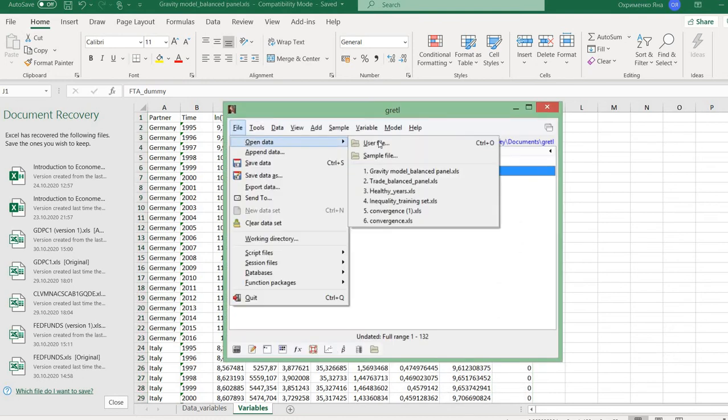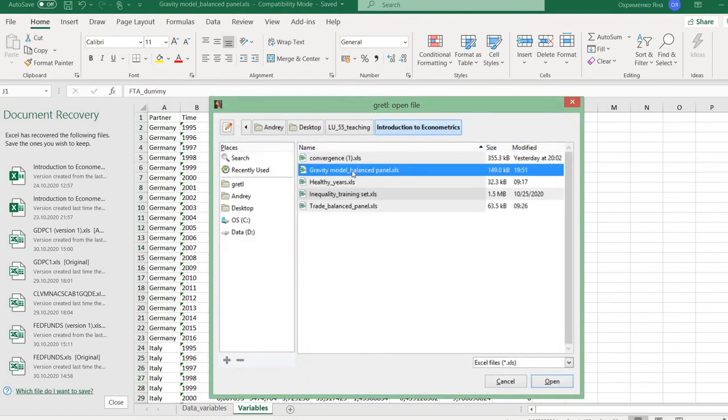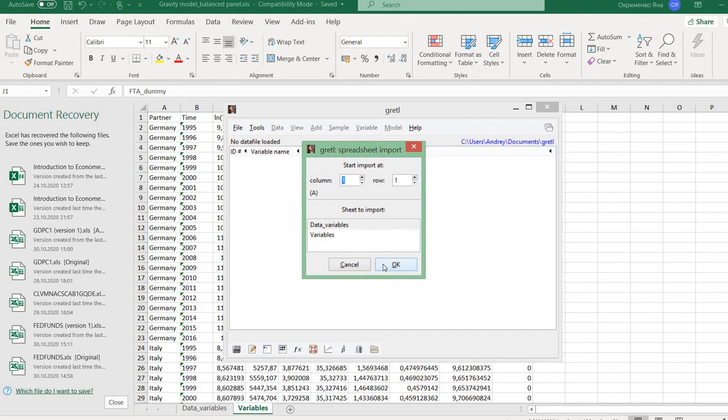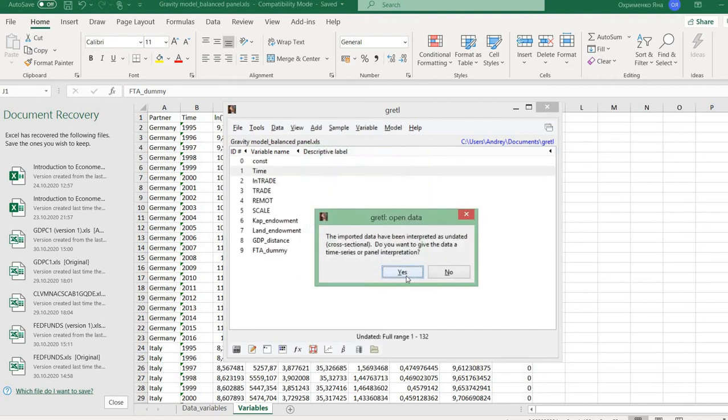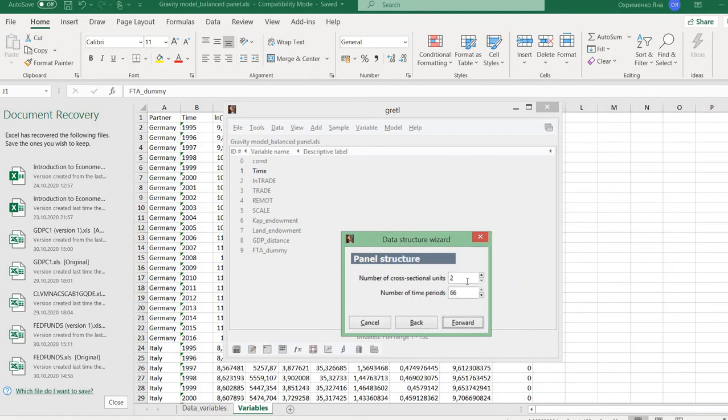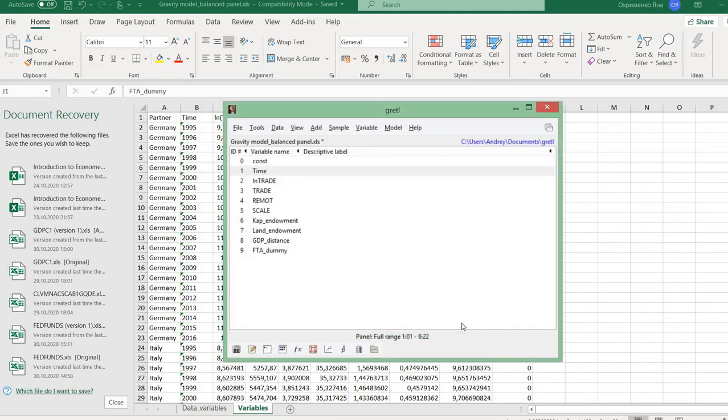File, open, user file, gravity model, balanced panel, open, variables. Yes, I want to specify the panel interpretation. And I have 6 cross-sectional units analyzed for 22 periods. Okay, finally.